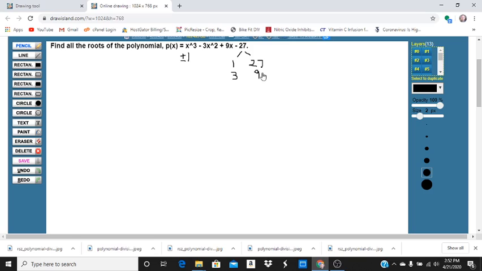Now we're going to divide these factors by these factors, and so our possible roots are going to be plus or minus, dividing by 1 and negative 1, 1, 3, 9, and 27.